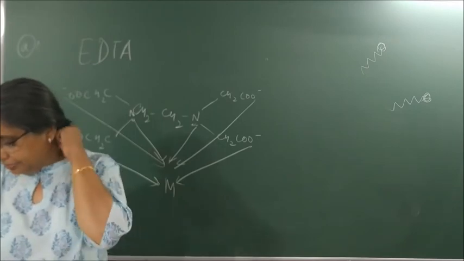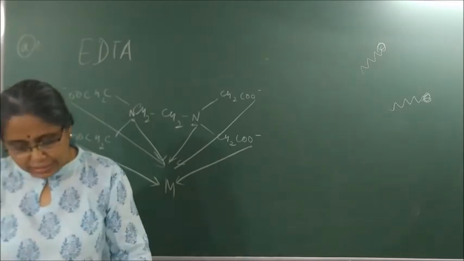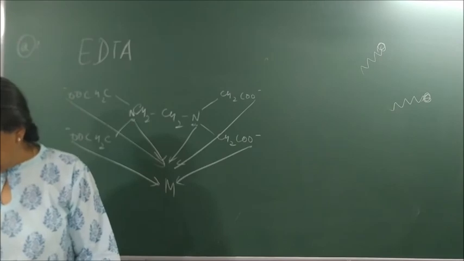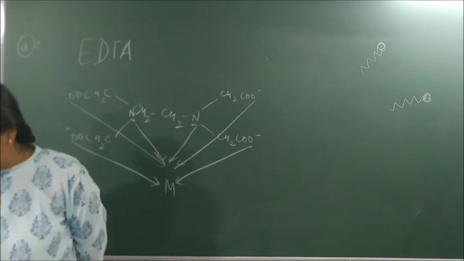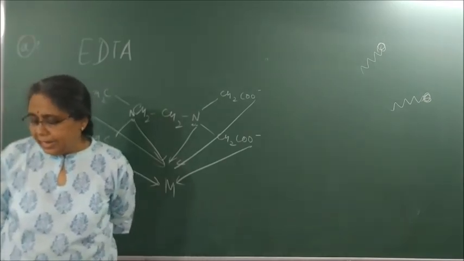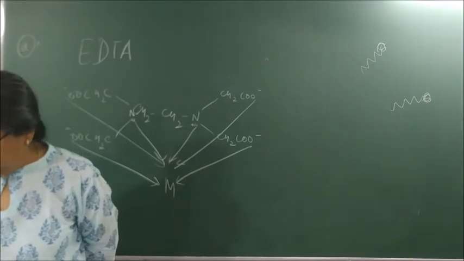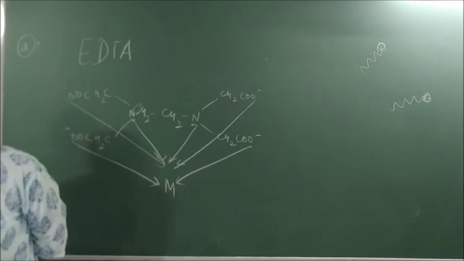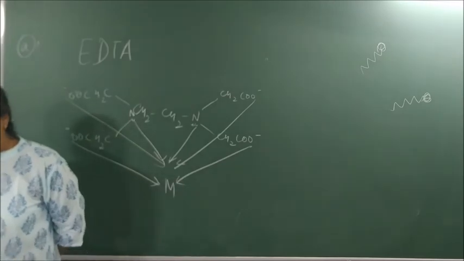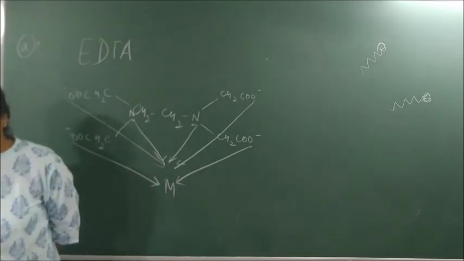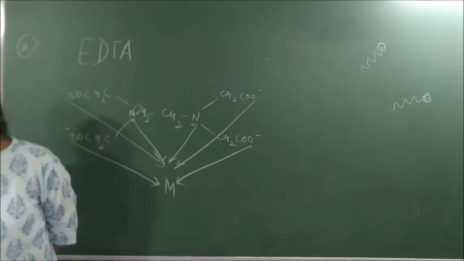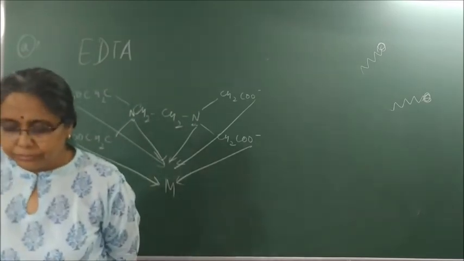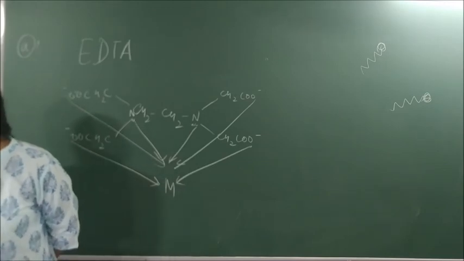These are ligands which contain 2 or more ligating atoms, in which, comma, one of the atoms can donate an electron pair to the central atom or ion at a time.